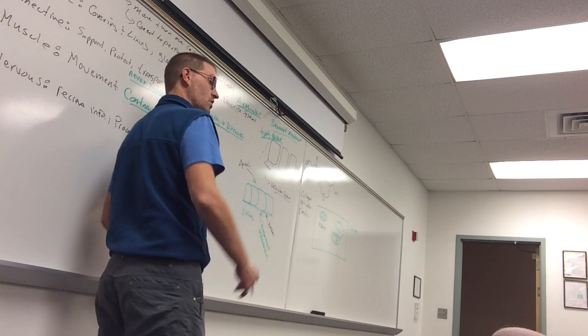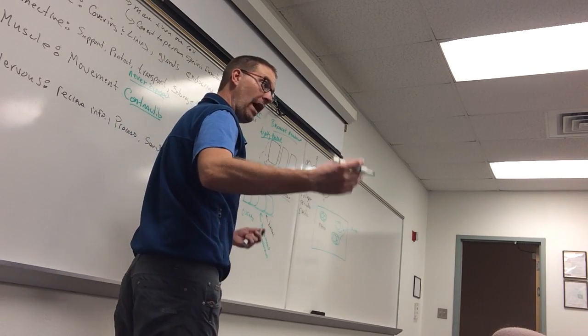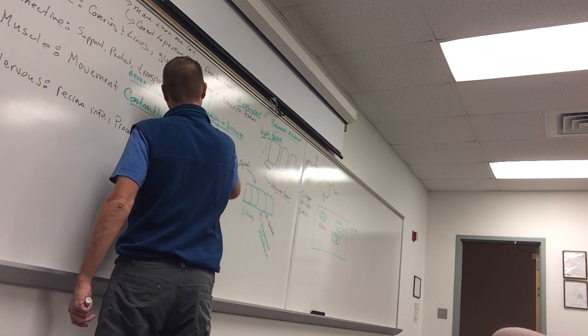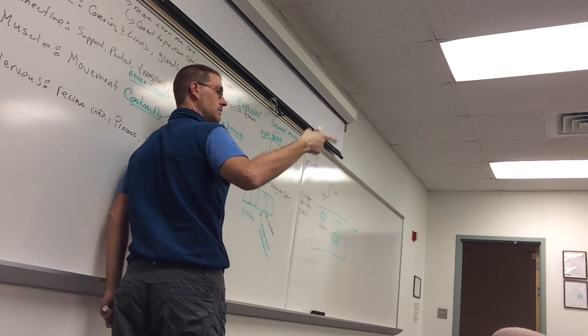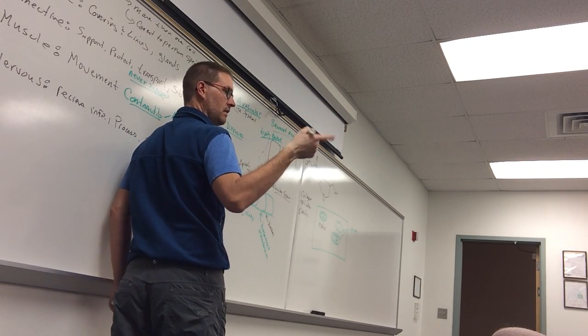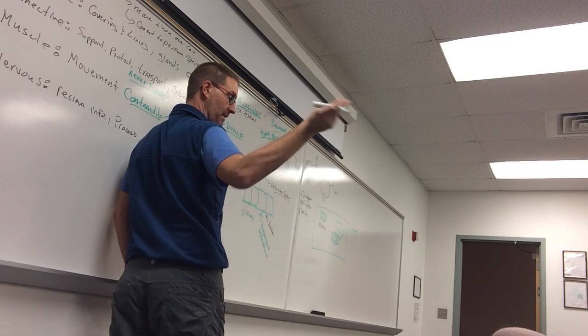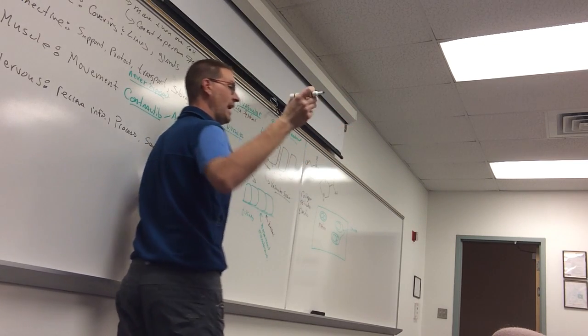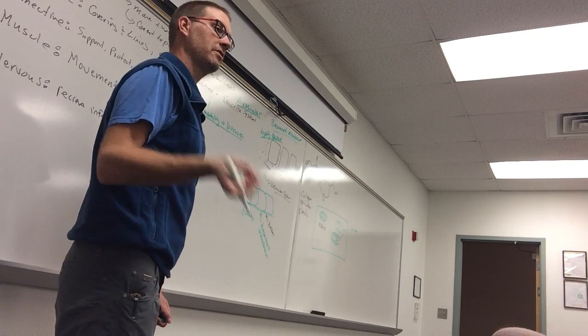These contain specialized contractile fibers known as actin and myosin. We talked about this in lab. It's what produces striation patterns in some types of muscle tissue.